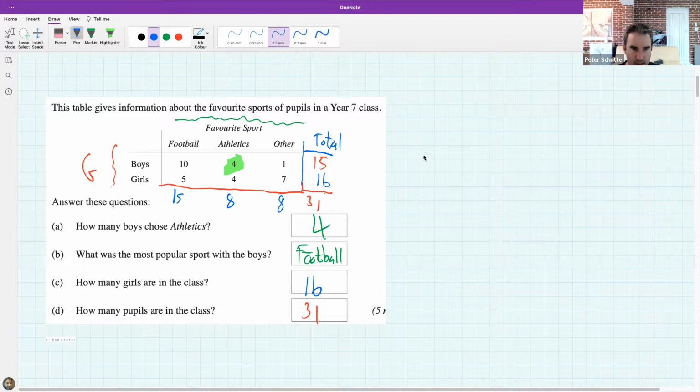Let me ask you this question now. If I say I'm choosing a random person from the class, what is the probability that this randomly chosen person is a boy? I'm going to use B for boy. Can you tell me the probability using the data in the table?